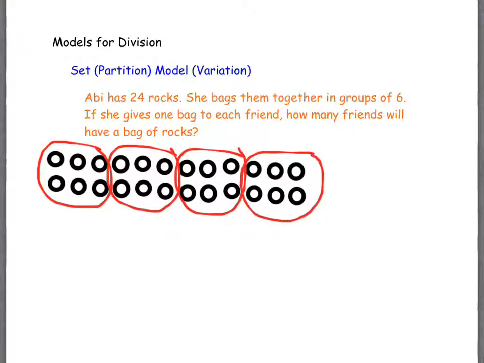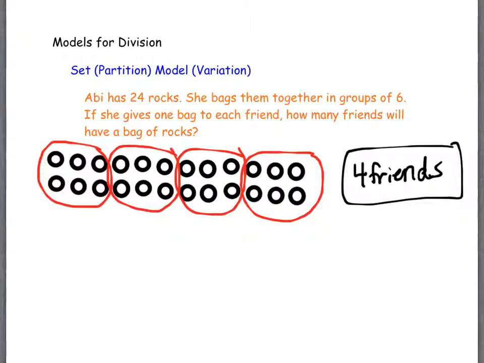So on this one, the answer, how many friends have a bag of rocks, is 4 friends. But it's not because I counted what I circled up, right? What I actually counted is how many groups or how many circles of rocks I have.